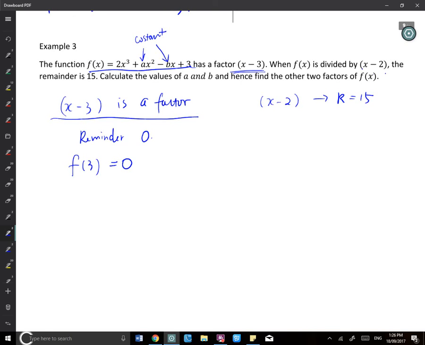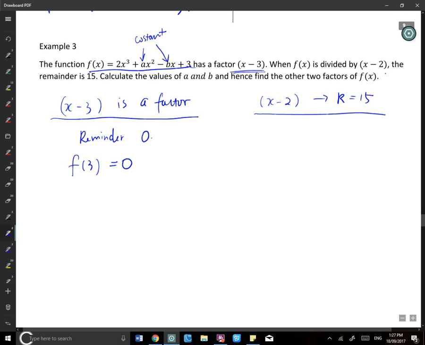Because it's a factor, the remainder will be 0. How do I find the remainder when P(x) is divided by x minus 3? We say P(3) equals 0. P(3) is the remainder, and that's 0. Question?